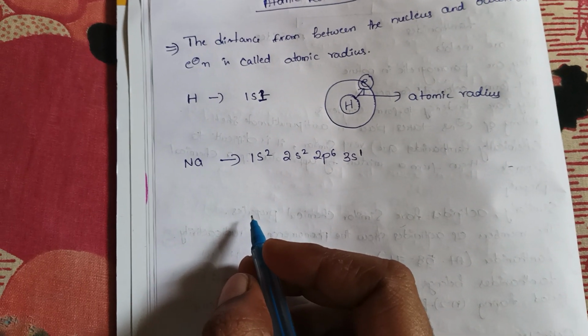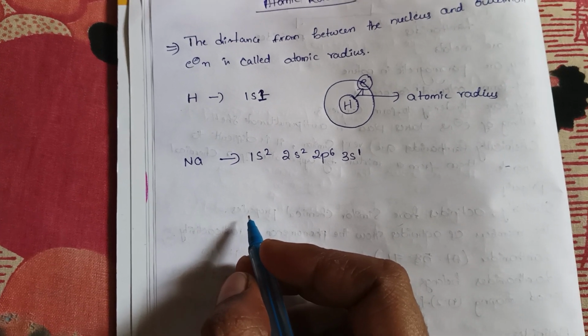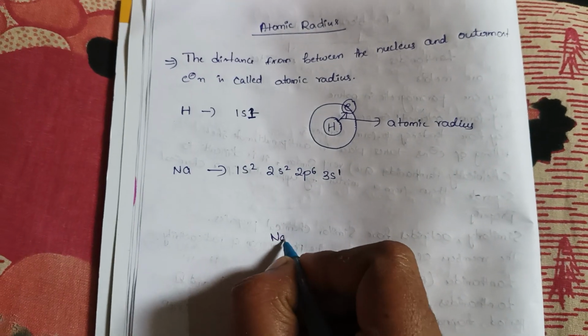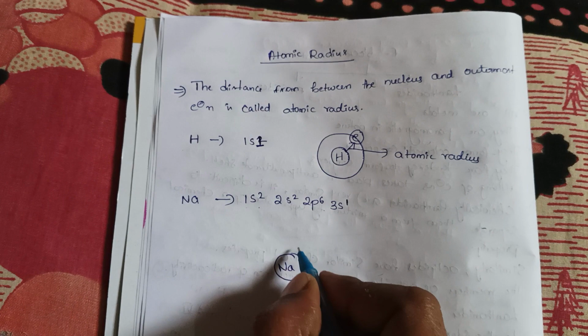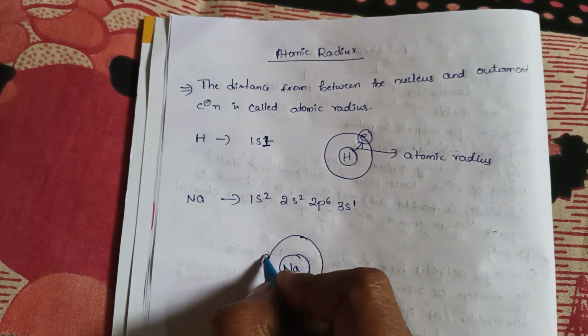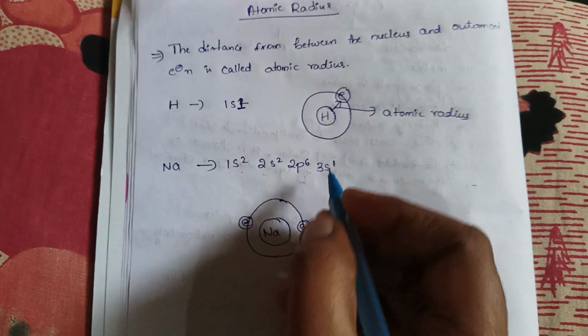If you take another example, sodium, the electronic configuration of sodium is 1s2, 2s2, 2p6, 3s1. The first shell has 2 electrons. The second shell has 8 electrons.